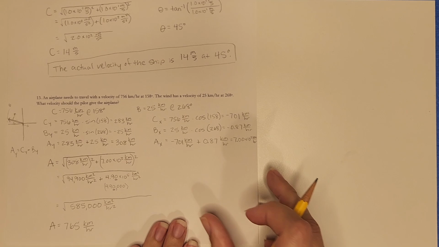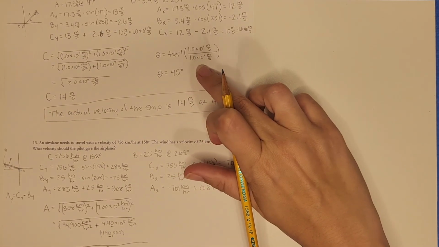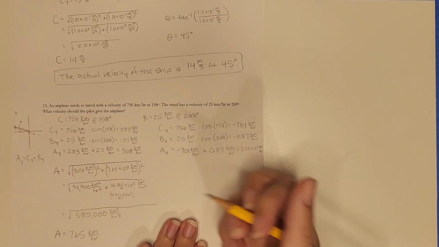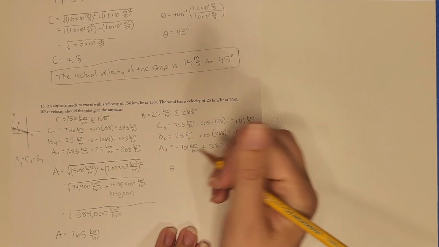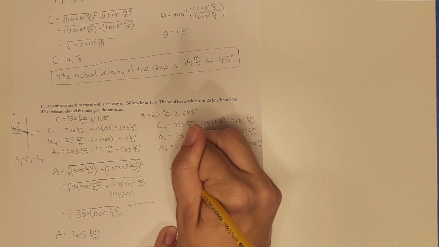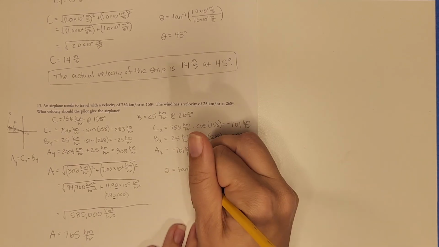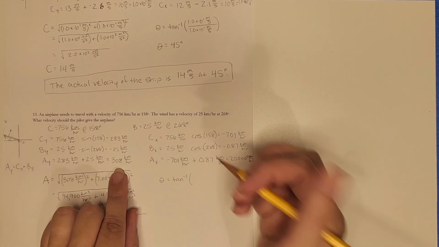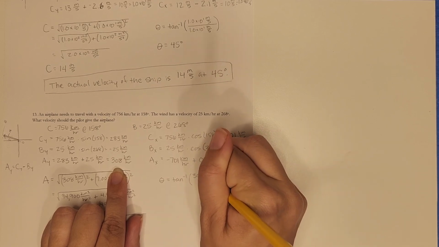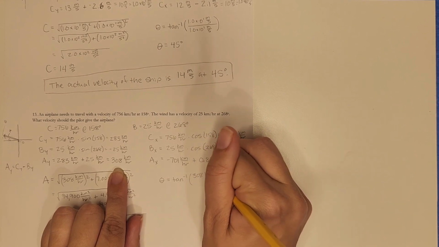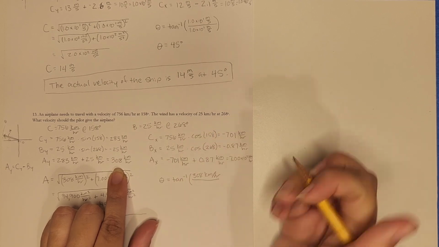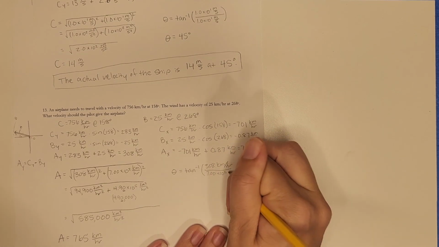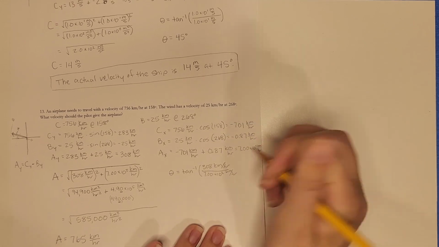Okay, I'm going to do the same thing that I did previously when I'm determining the angle. I'm just going to go ahead and make it the angle equals the inverse of the tangent to save a little bit of time. So my angle equals inverse of the tangent, and we're always y over x, right? So my AY is 308 kilometers per hour, and my x is a 7.00 times 10 squared kilometers per hour.